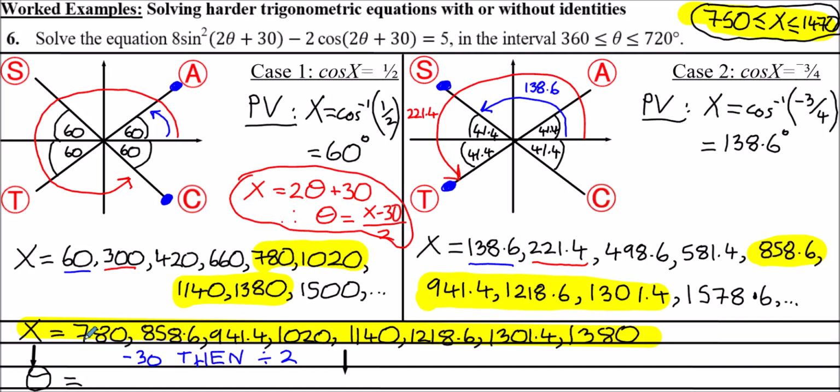So 780 minus 30 is 750. Half that, the first value of theta we're wanting is 375. And carry on accordingly, subtracting 30 and dividing by 2. The next one we get is 414.3. After 414.3 we get 455.7.